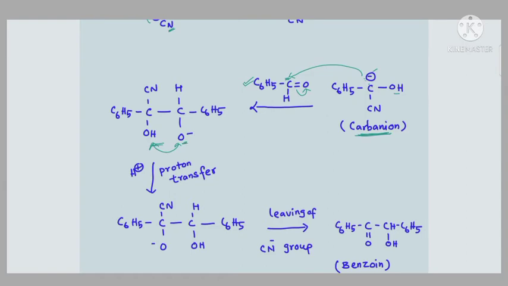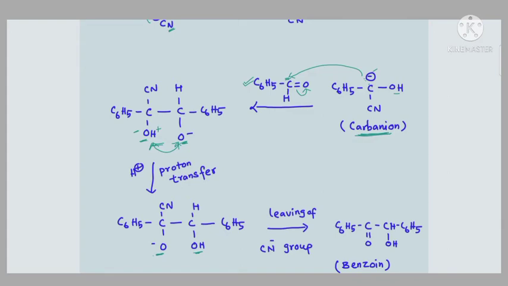So this H will be transferred to this oxygen as H plus ion, so that this O becomes negatively charged. After the transfer of proton from this OH group to this oxygen, this becomes an OH group. Now you get another species like this.